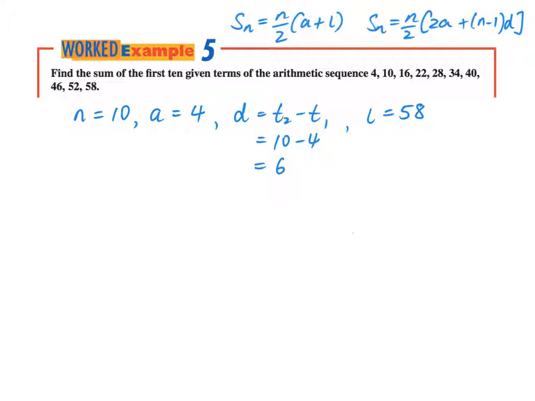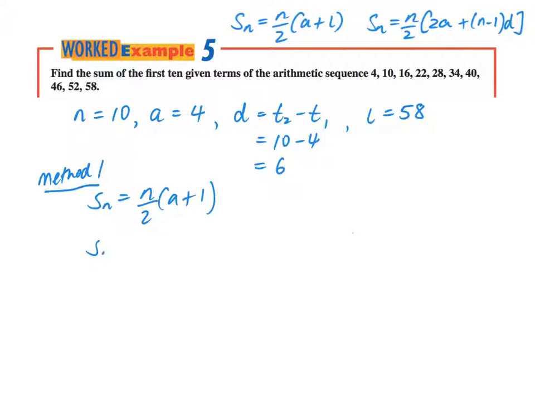Okay, so if we just go ahead and use the first rule, so we just say method 1, and you'll only be required to use one method. It's just asking you to find the sum here, so we'll take the first rule here, and it's just simple substitution.